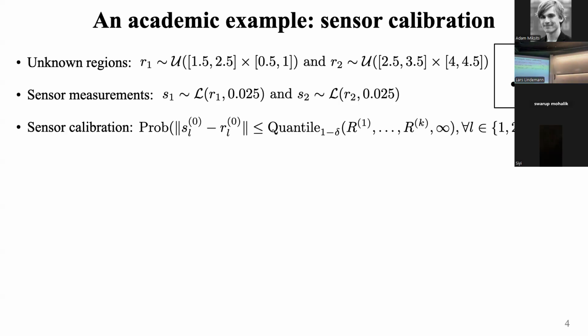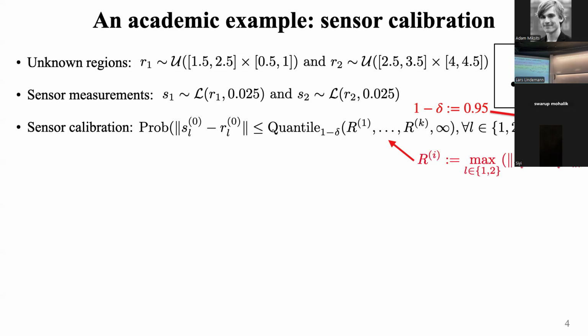Now, what we want to know is how close our sensor measurements are to the unknown regions. So we'd like to know, for a test data point, how close is the sensor measurement of the Lth region to the position of the Lth region, and we want to do so with 95% confidence. In order to achieve this, when we use the conformal prediction argument, we need to pick this nonconformity score.